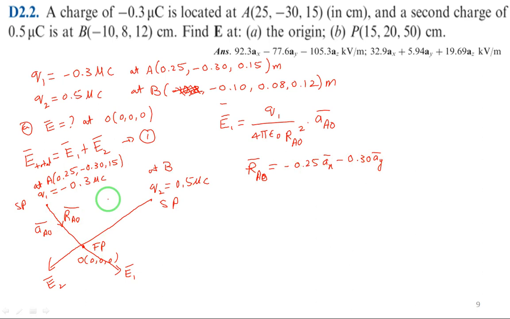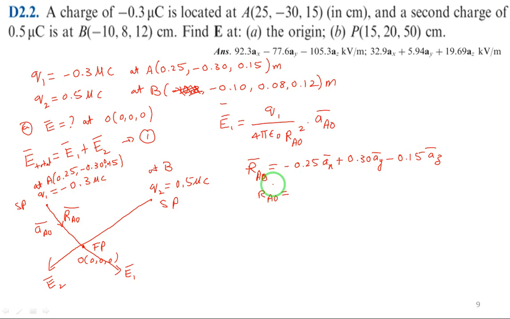If I am getting minus, it means I just take the distance vector A to O, subtracting the origin from this point A. So 0 minus 0.25, and 0 minus means this will become plus 0.3, and sorry, this is 0.15, not 15. So minus 0.15 AZ vector.